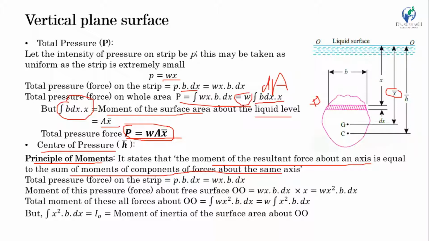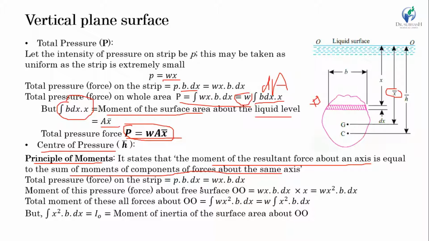First we will take the moment of the component forces. Again consider the small strip, where the intensity of pressure is p and the area of the strip is b into dx. The pressure force on the strip is p into b into dx, that is, w x b dx. This is the total pressure force acting on the strip.